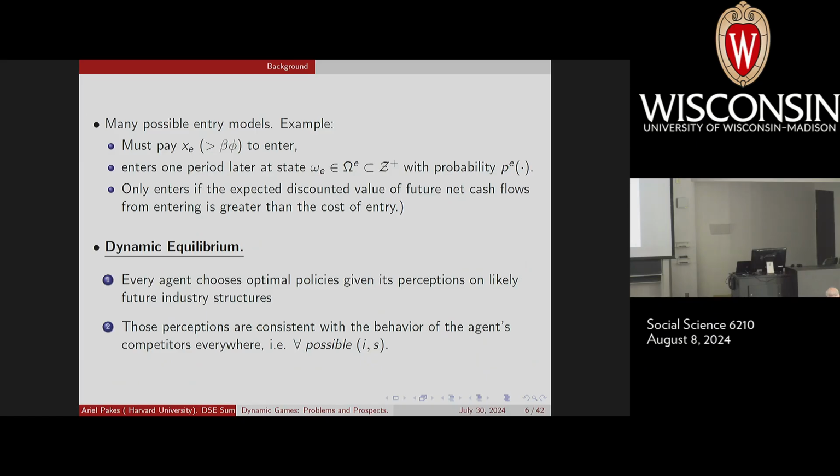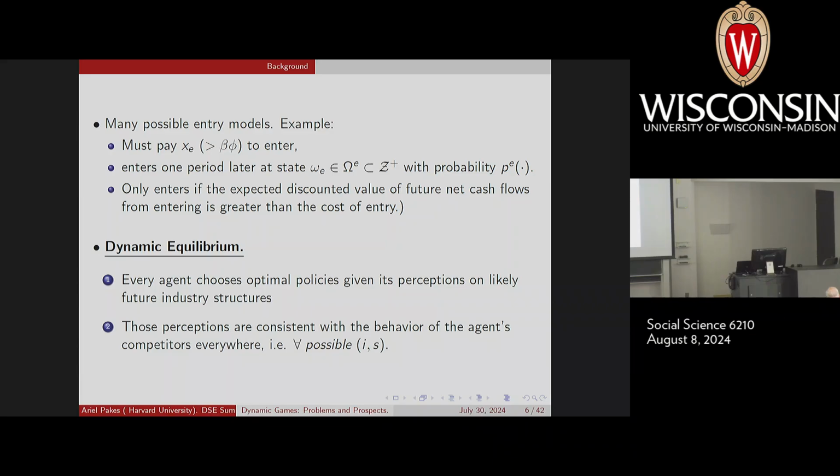There are many possible entry models, and the reason there are so many is nobody knows what the right model for entry is, because you don't know where entry is coming from usually. So you can do any one of many things. What I'm going to do here is just say an entrant must pay XE, which has to be greater than beta times phi.